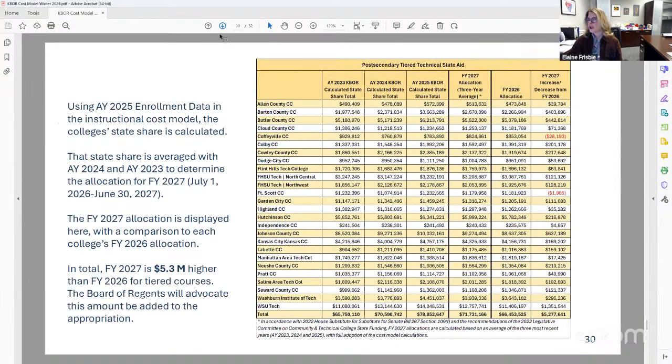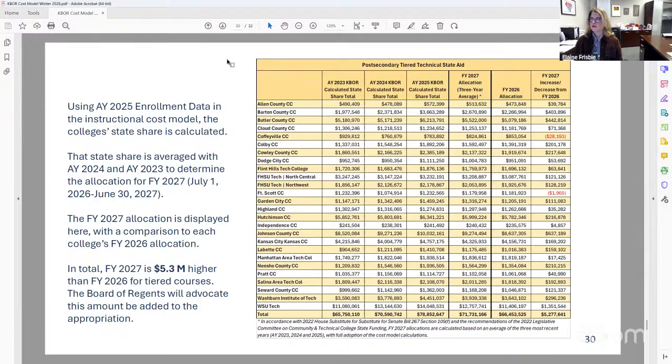So looking at fiscal year 2027, in total, state aid using that 3-year rolling average is going to be 5.3 million higher than 2026 for our tiered courses. So again, we used all the elements of the cost model as I just went over, and the residency status of Kansas resident students, who's in district, who's out of district, so who's 2/3 state, who's 1/3 state.